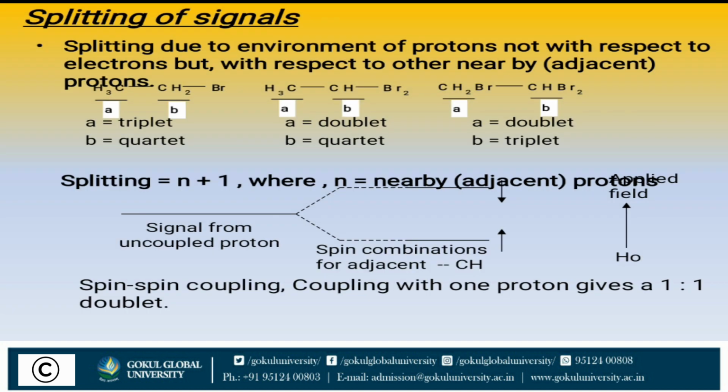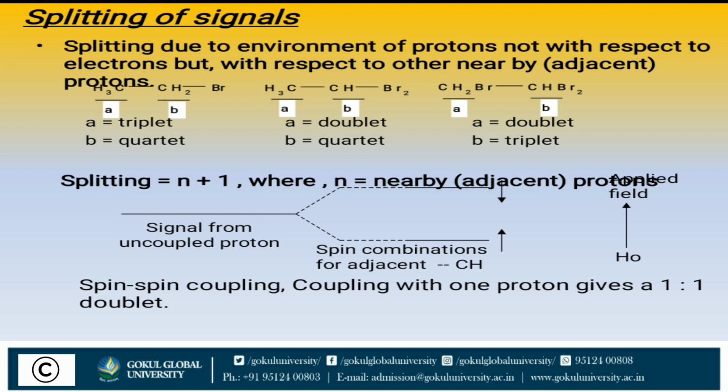In any exam or interview, if we are required to calculate the splitting of signals by its protons, note that the splitting is due to the environment of protons, not with respect to electrons but with respect to other nearby adjacent protons, meaning neighboring protons that are present. If there is a CH3 group, we will show the example, but before that we show how to calculate the splitting of signal.